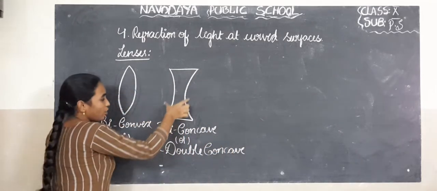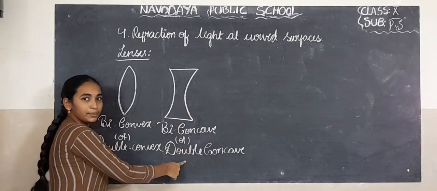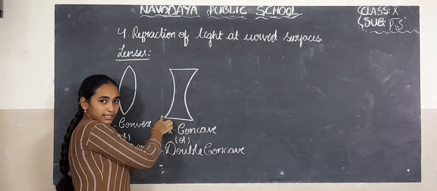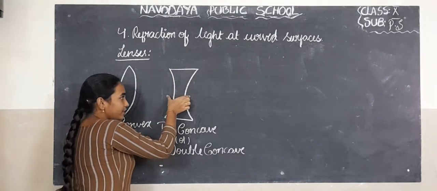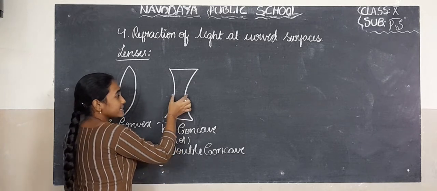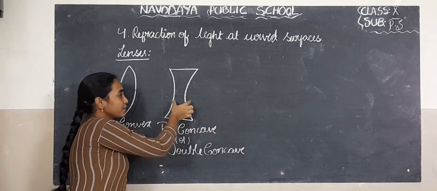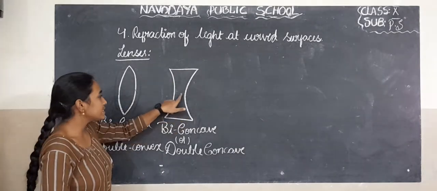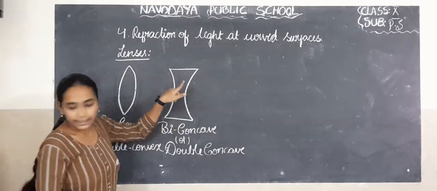It is the shape of biconcave lens or double concave lens. It is having two curved surfaces curved inward is known as biconcave lens or double concave lens. It is thinner at its middle when compared to its edges. It is thinner at its middle and thicker at its edges.